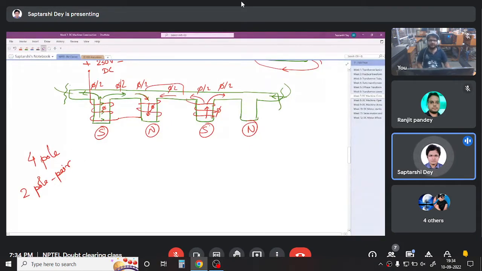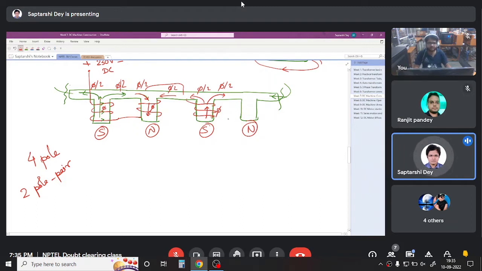We can have any even number of poles on a machine: 2-pole, 4-pole, 6-pole, 8-pole, 10, 12, 14, everything is possible. For any kind of machine, not only DC machine, an induction machine also you can have a 20-pole induction machine. Whatever. So this is the concept of pole.